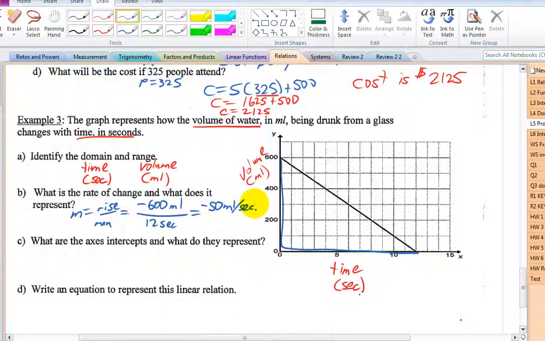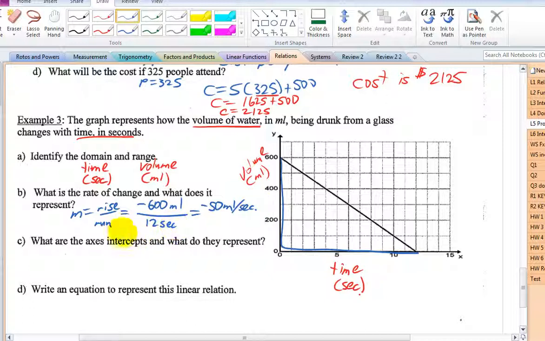What does it represent? Well, negative 50, what does that mean? Does it mean that the volume is going up or down? Down. So what's the guy doing? Drinking. So you can say the guy's drinking 50 milliliters per second from the glass, or you can say the glass is emptying 50 milliliters per second. Your choice. You have to describe the rate, the units, and a word that's telling you whether it's increasing or decreasing.